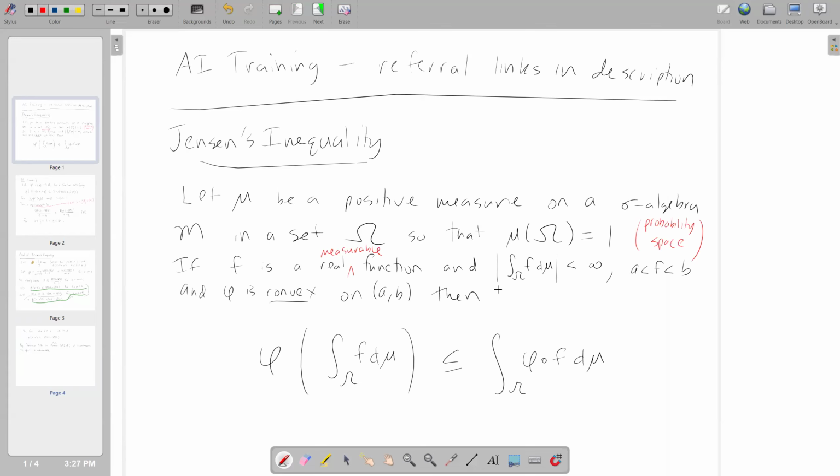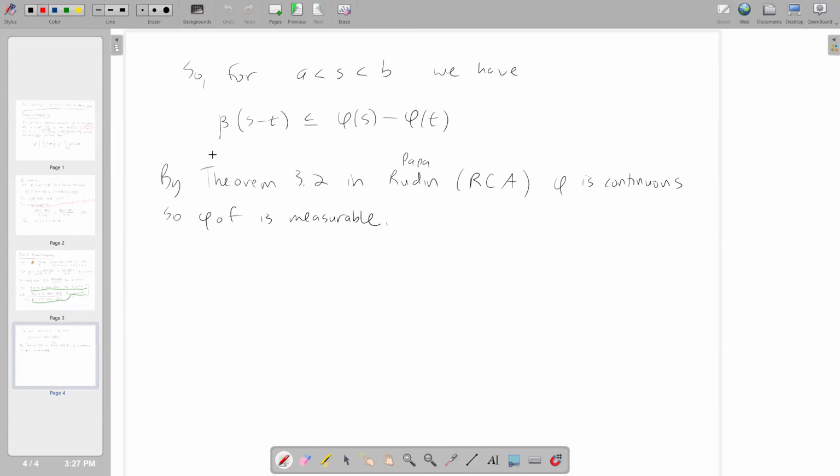I'll put that in parentheses because it's not strictly required. If we have measurable in this, we automatically have that. So I just wanted to say it. But yeah, we have a measurable function here. That's not quite the way Rudin phrased it. I didn't want to introduce L1 here. It just feels excessive. Okay, so anyway, that function's measurable.